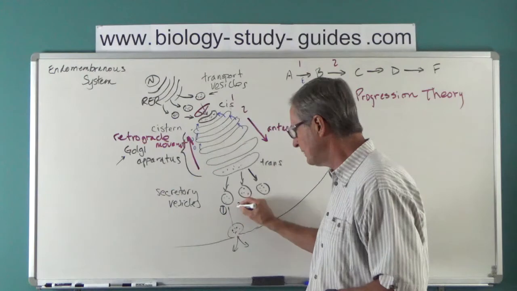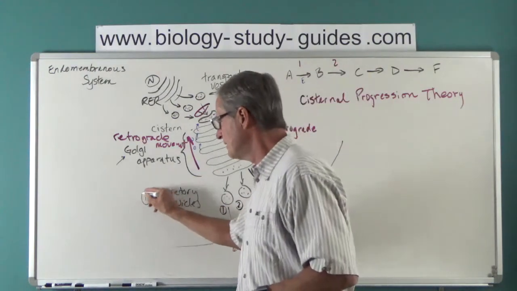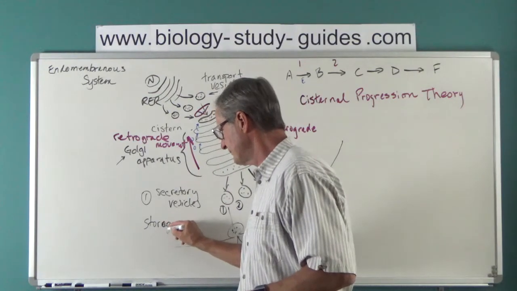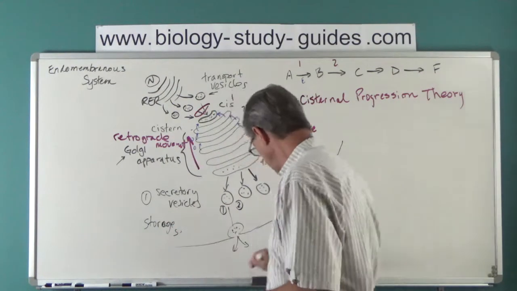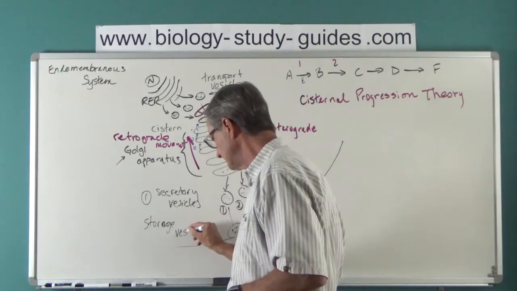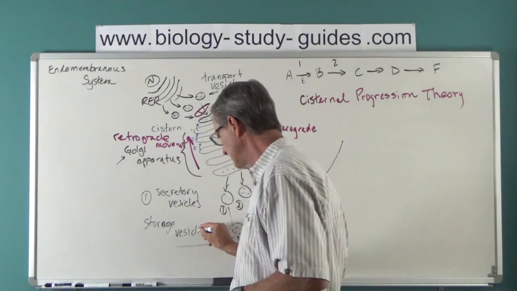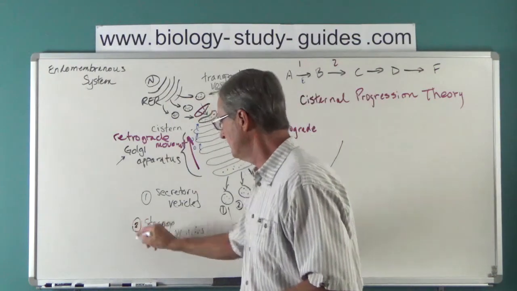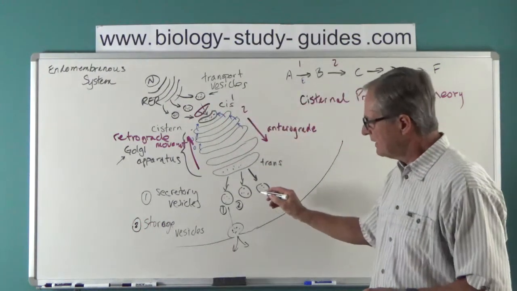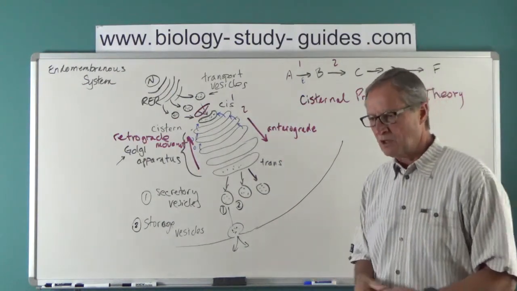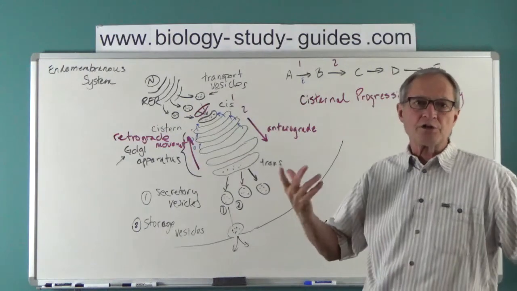The second possibility is that they could be stored. Storage vesicles. And the case may be neurotransmitters. Our nerve cells make neurotransmitters.